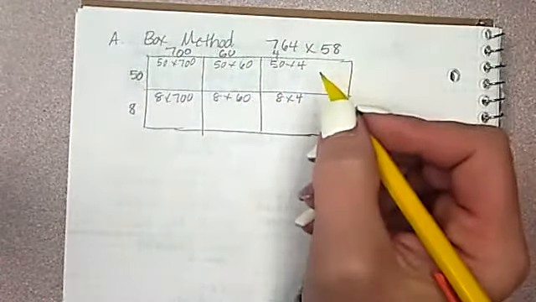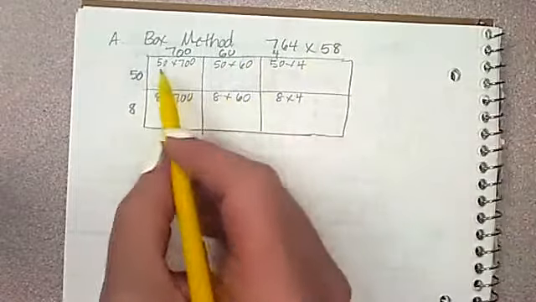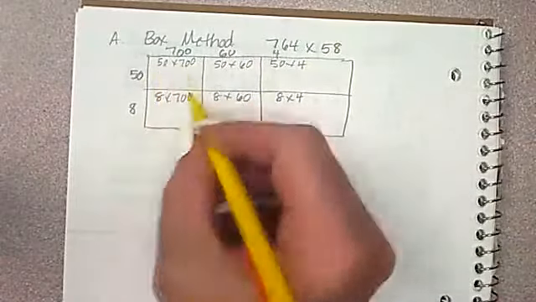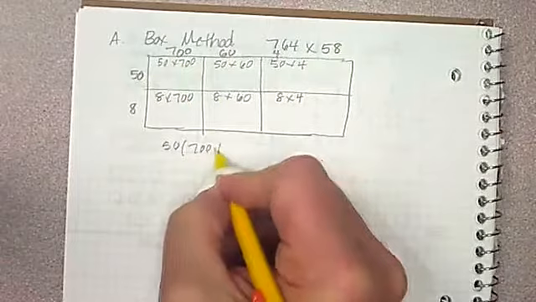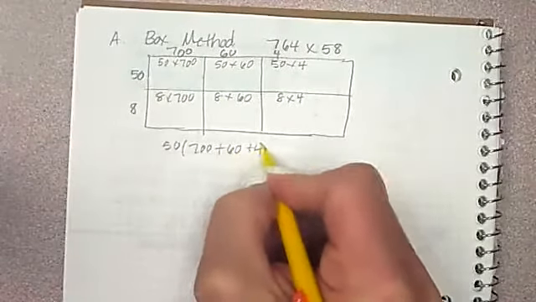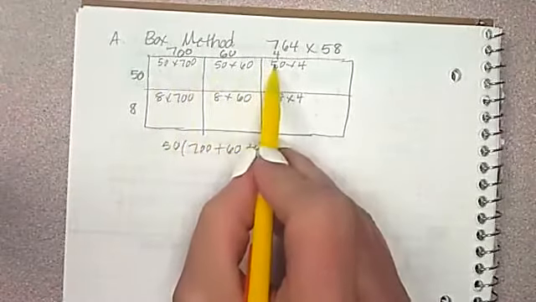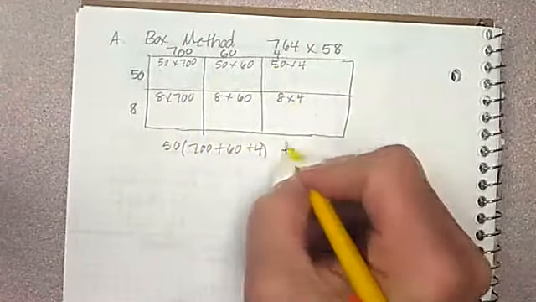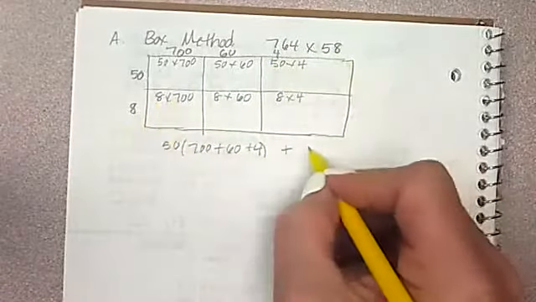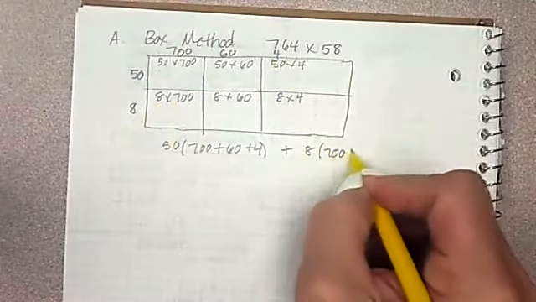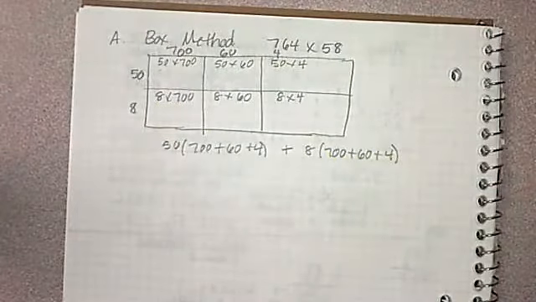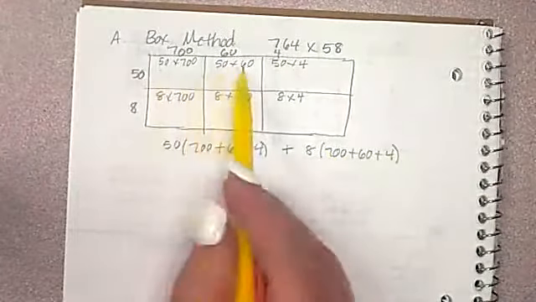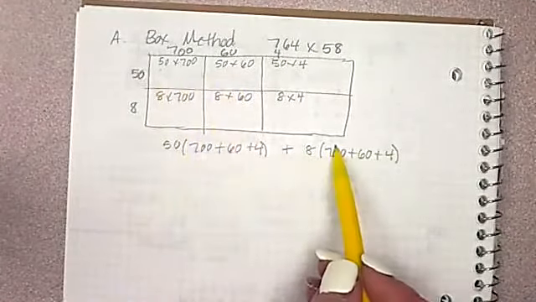So when we write this out, if I use the multiplier here, it's going to be 50 times 700 plus 60 plus 4, because 50 is the multiplier here. And then plus the multiplier here, which is 8, so 8 times 700 plus 60 plus 4. What we've done here is we've already broken this apart so that you can see.